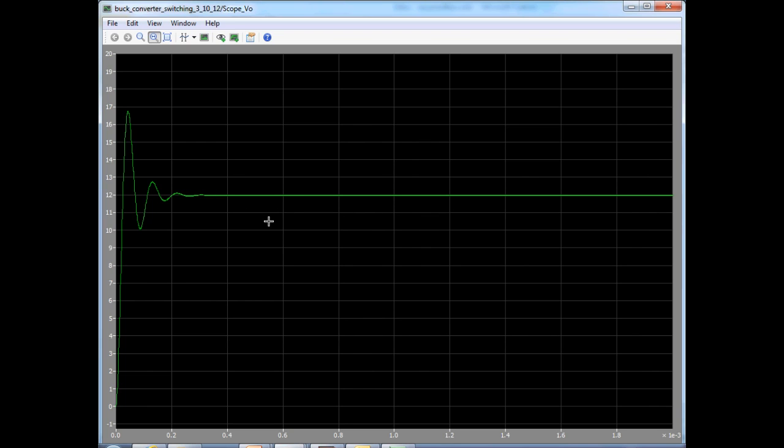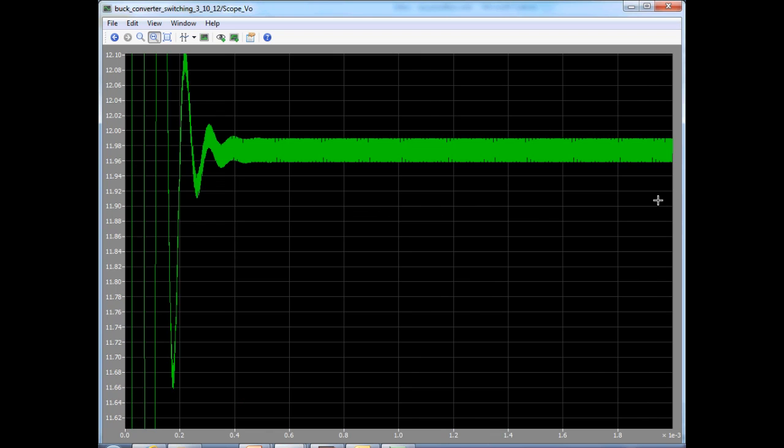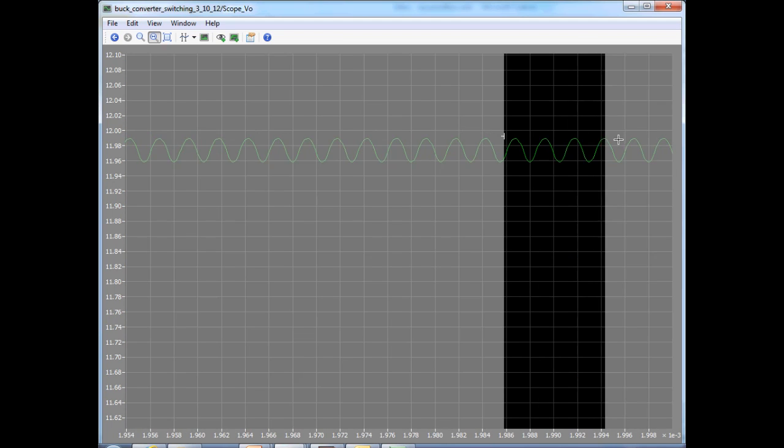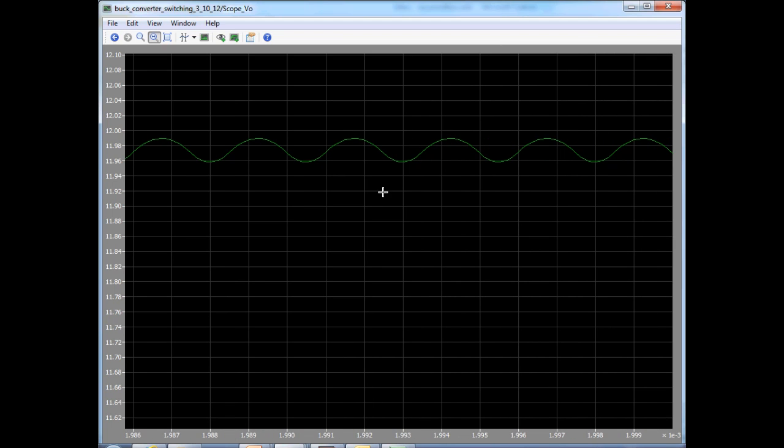Anyway, what we are really more interested in observing is the output voltage ripple. So let's zoom in on the output voltage, and look at the last few switching periods. Clearly the wave shape is very different from what we saw in the previous simulation with larger capacitance and larger ESR. There the ripple was dominated by the ESR voltage component, and therefore it had the same wave shape as the capacitor current, which is the same as the AC component of the inductor current.